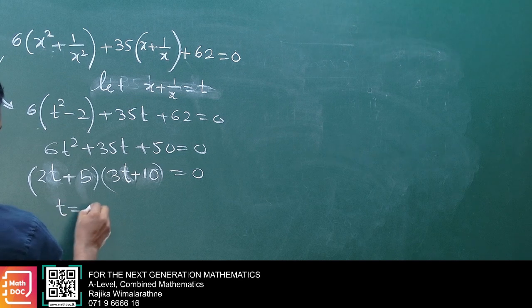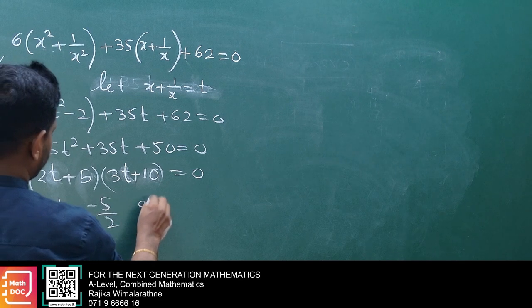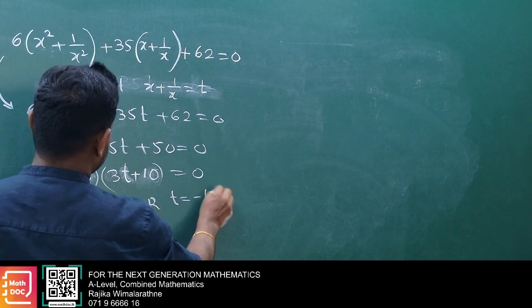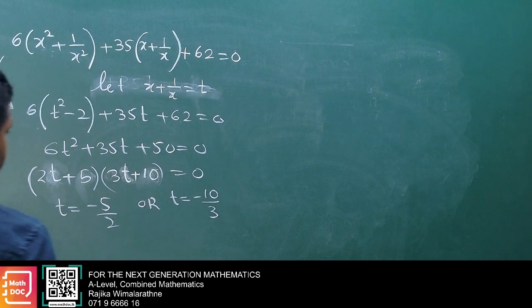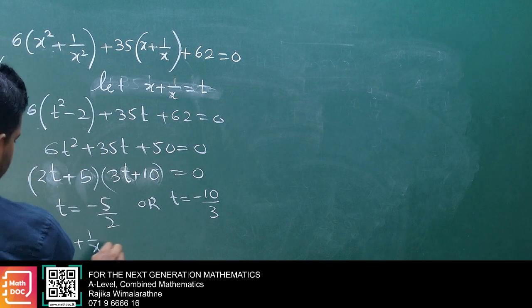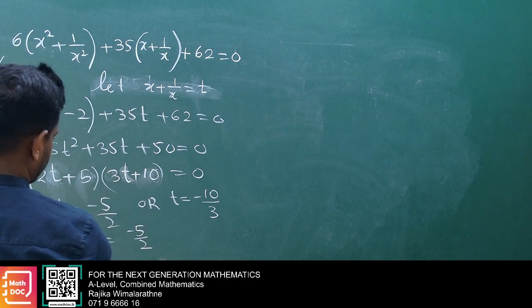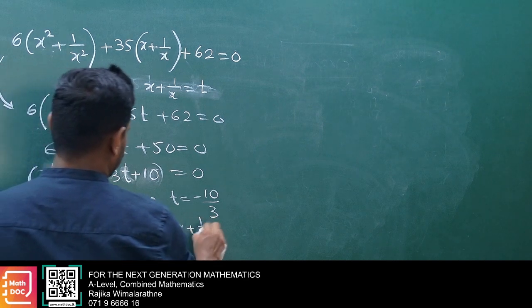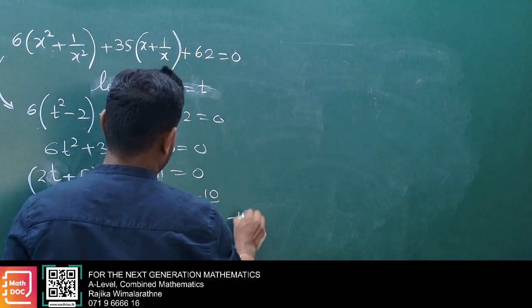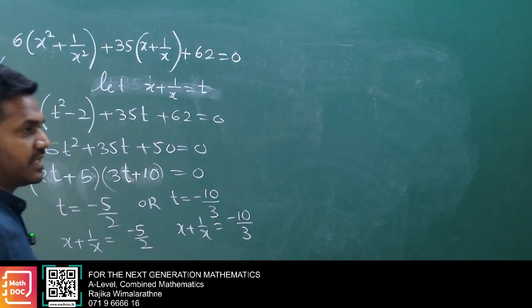Then t equals minus 5 over 2 or t equals minus 10 over 3. Here t equals x plus 1 over x, so x plus 1 over x equals minus 5 over 2, or x plus 1 over x equals minus 10 over 3. Now we can continue.